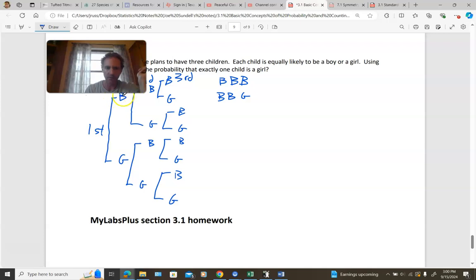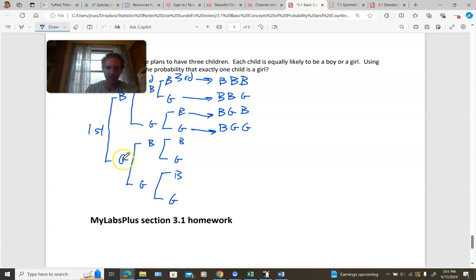And if the first one was a boy, the second one was a girl, and the third one was a boy, then you have boy, girl, boy. And very similarly, boy, girl, girl. Okay. So you're starting right here and just going down every possible route through this tree.